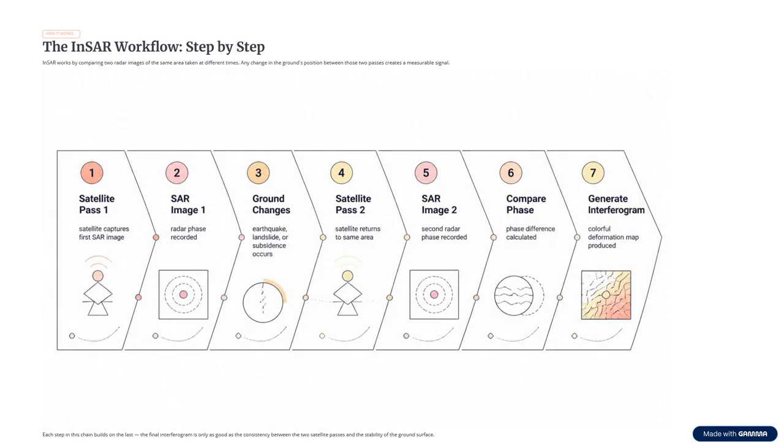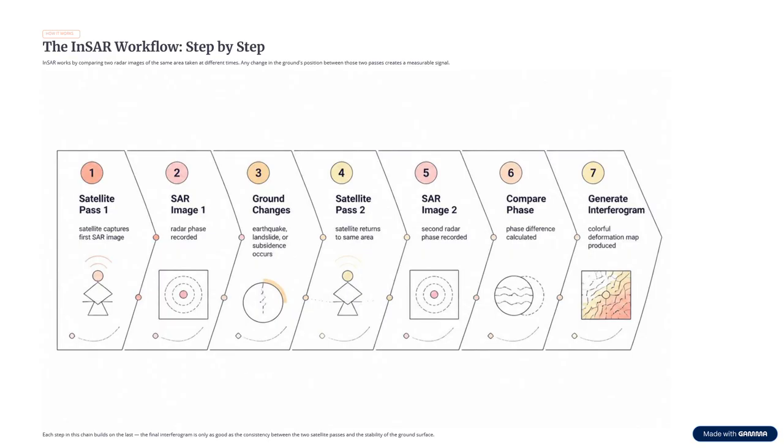If the ground has moved between these two visits, for example, because of an earthquake, the radar waves travel a slightly different distance. Then, by comparing the radar information from these two images, scientists can measure exactly how much the ground has moved. Basically, this process is called phase difference.